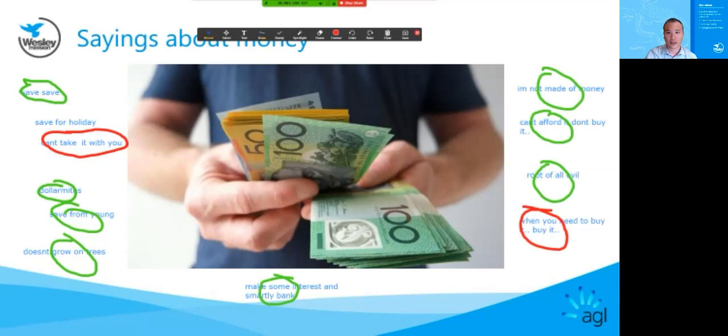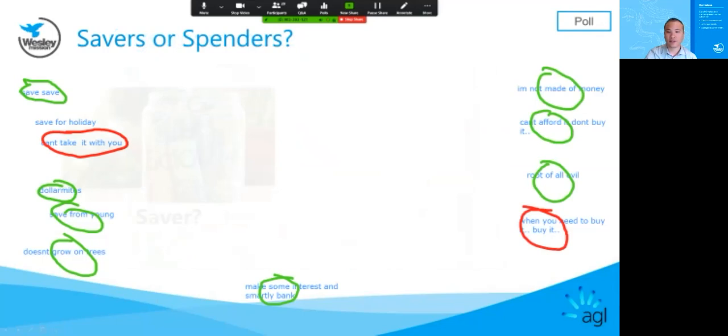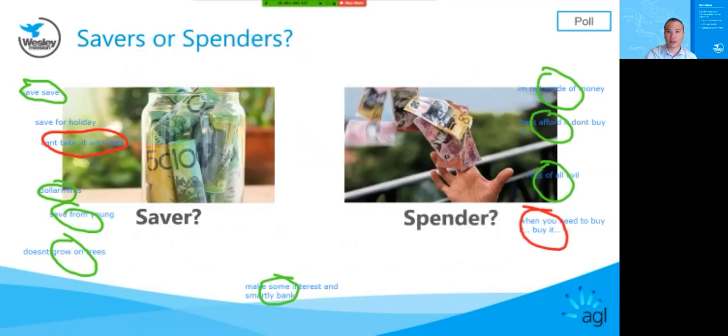So hopefully you can see the draw function that I just used and the typing function. Are you a saver or are you a spender?